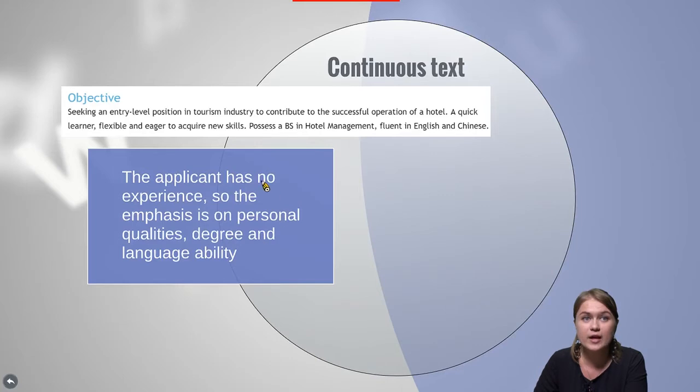Since this person is applying for an entry-level position in tourism, this person mentions the qualities that are helpful in this sphere. And also this person has a BS in hotel management and is fluent in English and Chinese. All of this will be beneficial for this applicant and might land him a job.